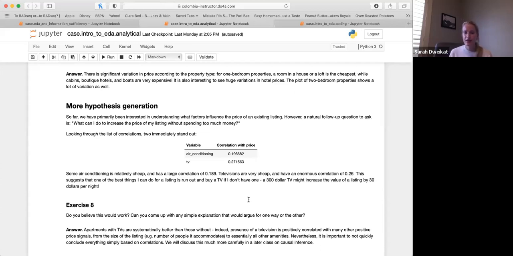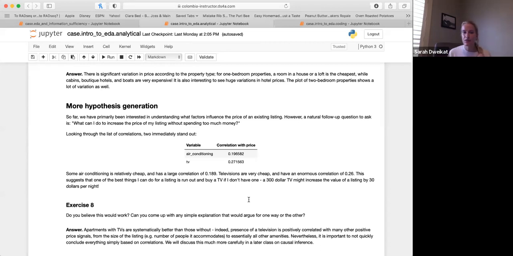One thing that could be causing this correlation is that there might be a trend where larger rentals have TVs automatically, and that is also responsible for this correlation with price, because we already know that bedrooms correlates pretty strongly with price.